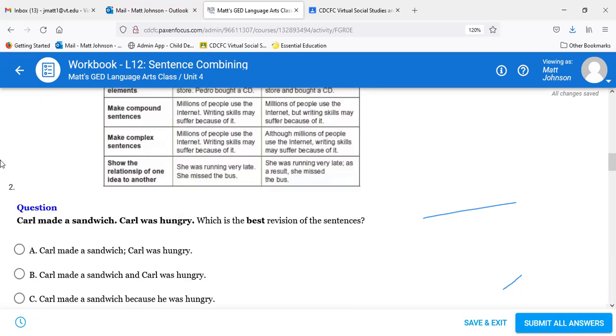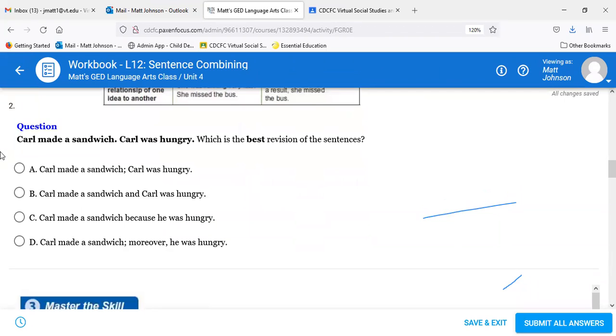Okay, Nilda, you want to take this one for us, number two? Yes. Let's see. Carl made a sandwich. Carl was hungry. Which is the best revision of the sentences? A. Carl made a sandwich, semicolon, Carl was hungry.